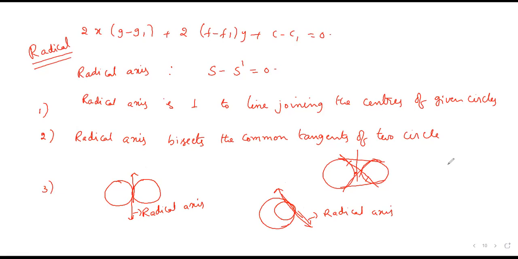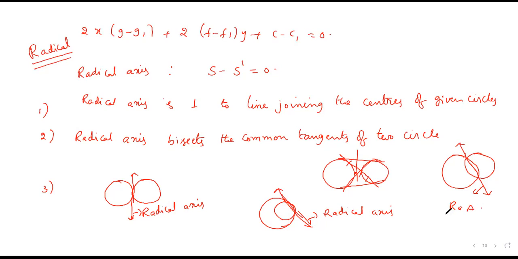Next, in case of intersecting circles, the radical axis is nothing but the common chord. The common chord is the radical axis in case of intersecting circles.